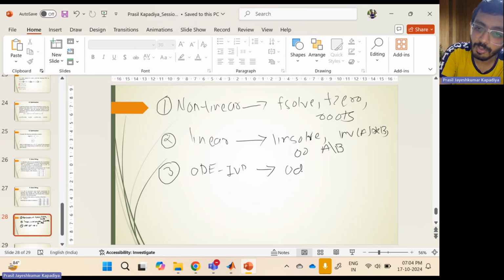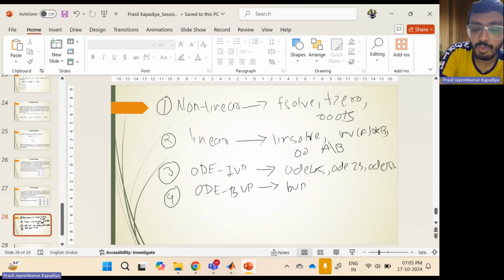For that, we used ODE45 solver, ODE23, and ODE15s solver. Further, for ordinary differential equation boundary value problems, we used bvp4c, MATLAB inbuilt function, and bvpinit to define my x mesh and initial guess.